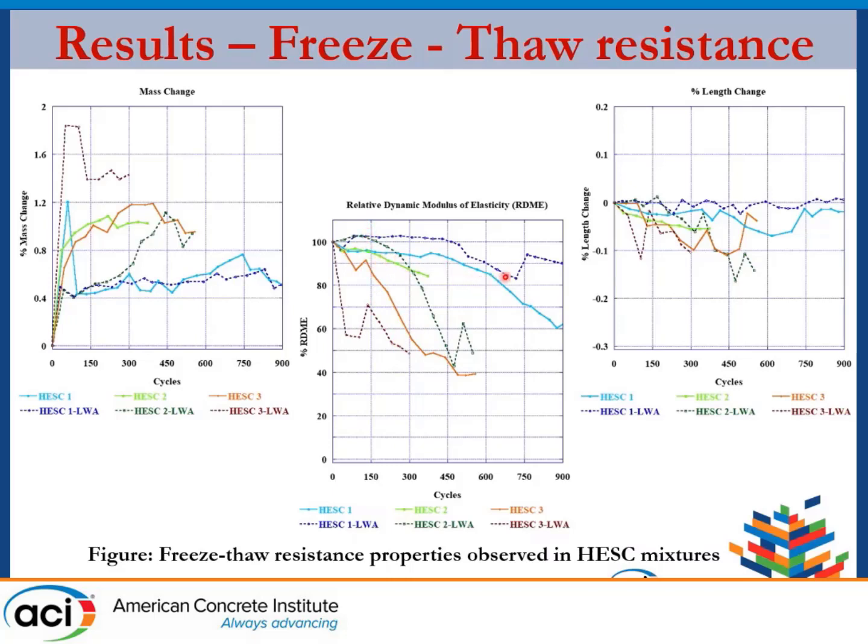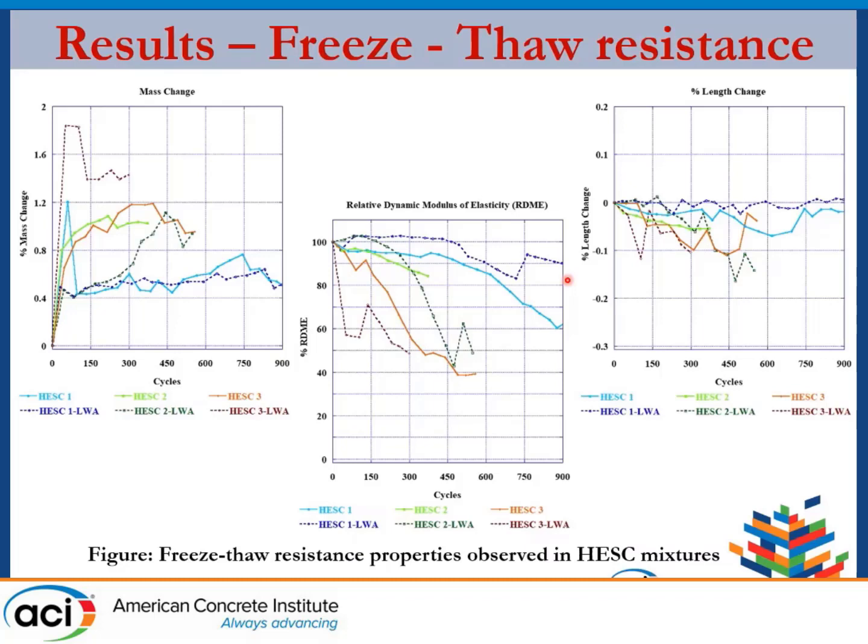We had to remove HESC1 after about 900 cycles because the RDME remained constant, and since the KTMR requires only 600 cycles, we thought we should stop the experiment there.